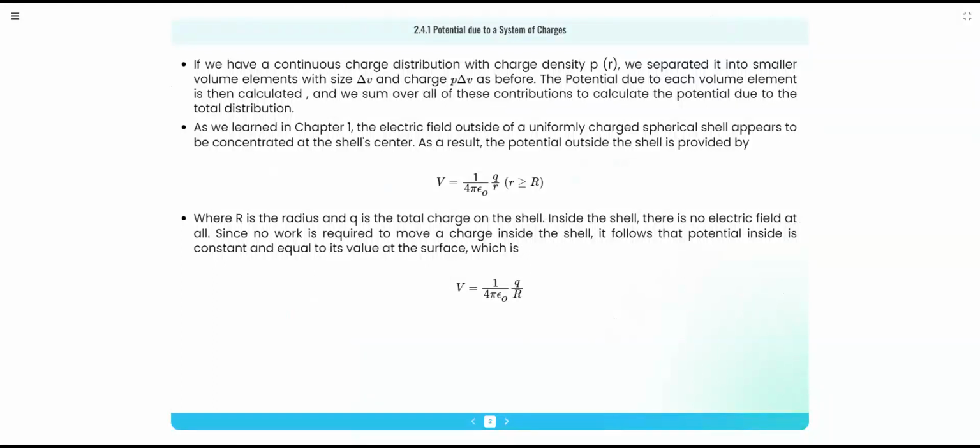You people are going to give me the answer for this. I'll give you the question. The question is, there is a system of charges.